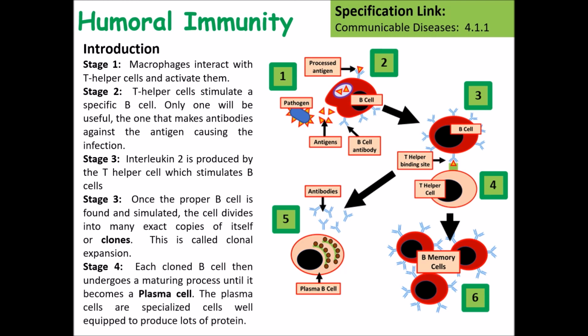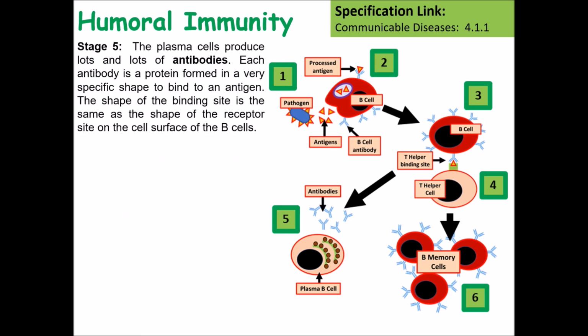Each cloned B cell then undergoes a maturing process and becomes a plasma cell. The plasma cells are specialised to produce lots of protein, in this case lots of antibodies. Each antibody is a protein formed in a very specific shape to bind to an antigen.